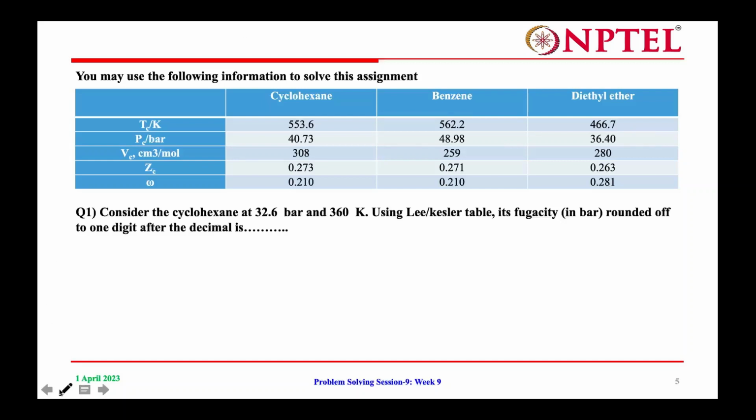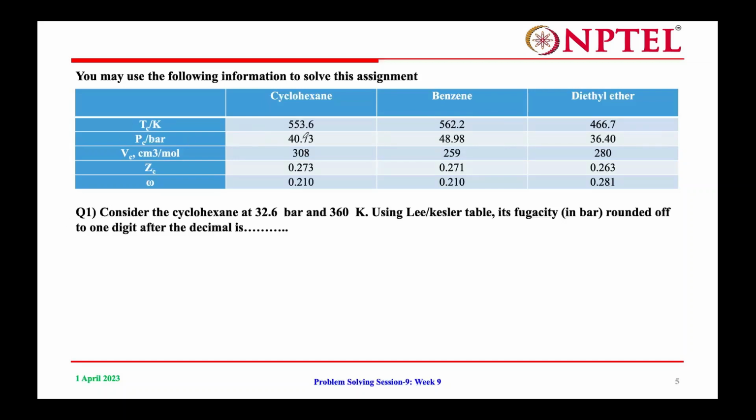So we will solve some problems. You may use the following information to solve these assignments. For cyclohexane, benzene and diethyl ether, the critical temperature, critical pressure, critical volume, and compressibility factor at the critical condition and the acentric factors are given. So question number 1.